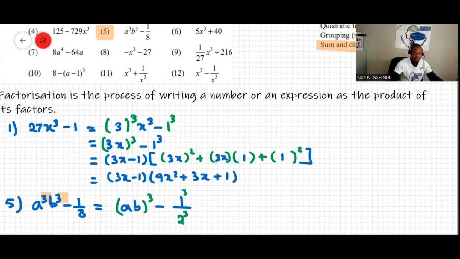One of the laws of exponents says this: a to the m over b to the m is the same thing as a over b to the m.